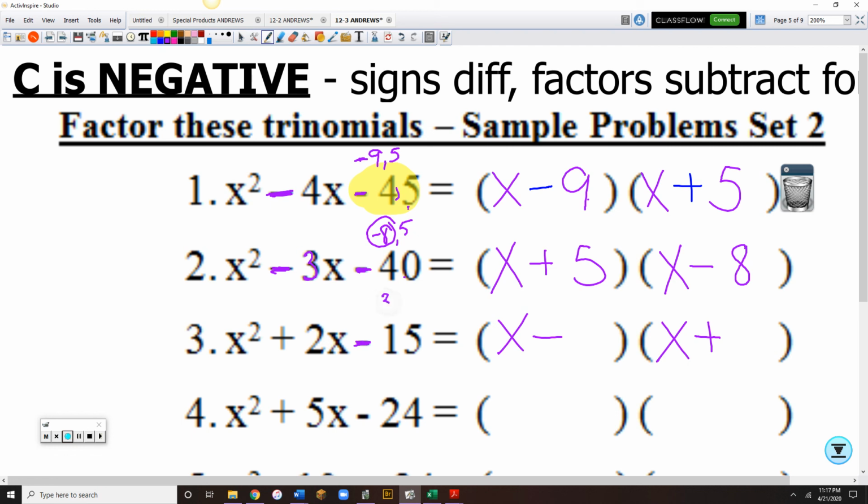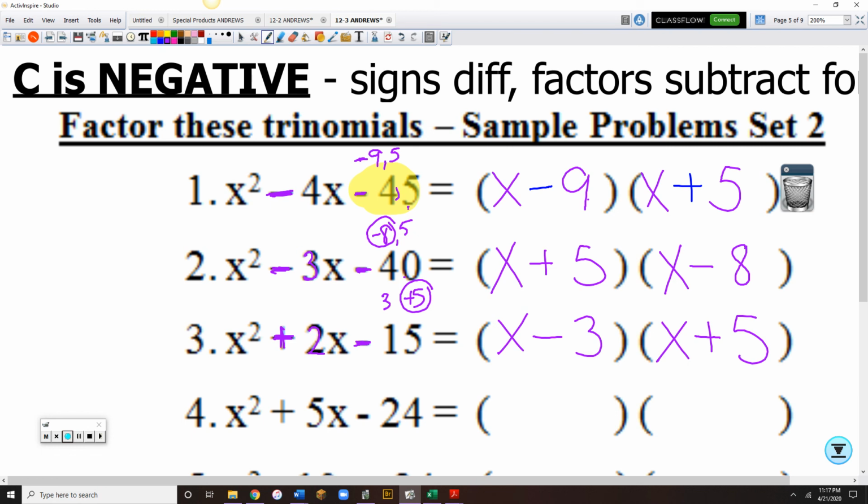Well, we've got 3 and 5. I'm going to look at the sign of the 2. The sign of the 2 is plus. So the larger number gets the plus. So I'm going to put the 5 next to the plus, and I'm going to put the 3 next to the minus.